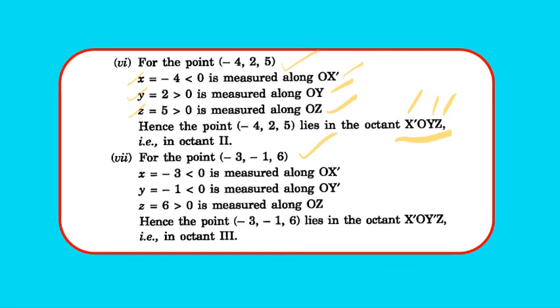Here x is -3 negative, y is -1 negative, z is 6 positive. So we have x on negative, that is X', y on negative, that is Y', and z on positive, that is OZ. So the octant will be X'OY'Z: X' for negative, Y' for negative, and Z for positive. Clear? So pause and note down the solution.